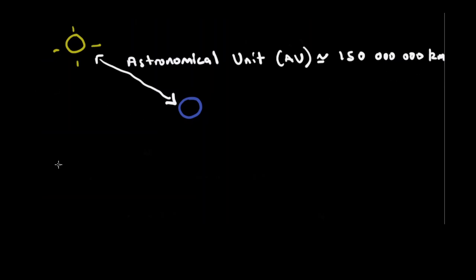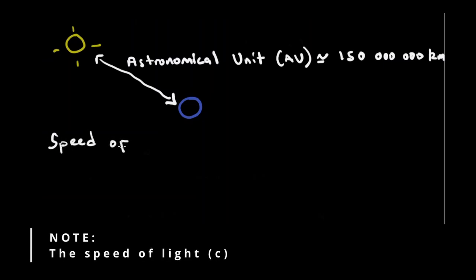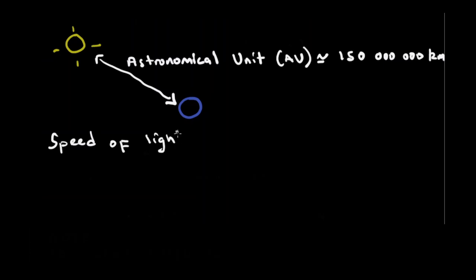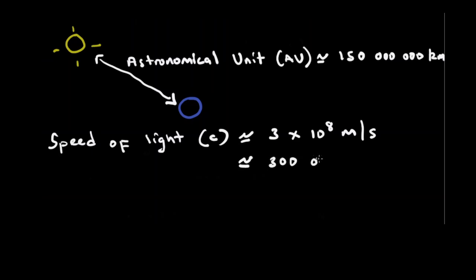Since we need to find out the time light takes to travel from the sun to the earth, it is necessary for us to know the speed of light. The speed of light, which is abbreviated as c, is approximately 3 times 10 to the power 8 meters per second, which is 300 million meters per second.